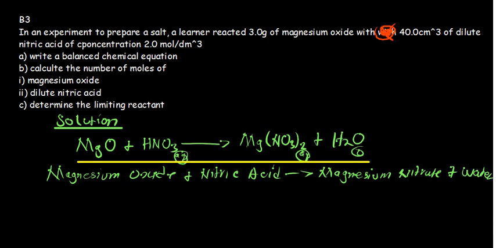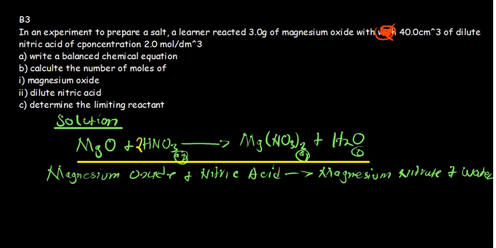Since we have a 2 right here, we need to put another 2 right here, and another 2 right here. We have our oxygen 6, that's 7, magnesium 1, nitrogen 2, another nitrogen 2, hydrogen 2 right there. It is balanced.